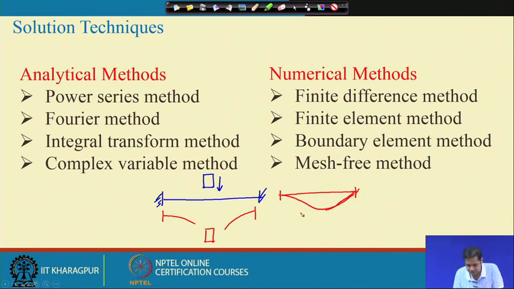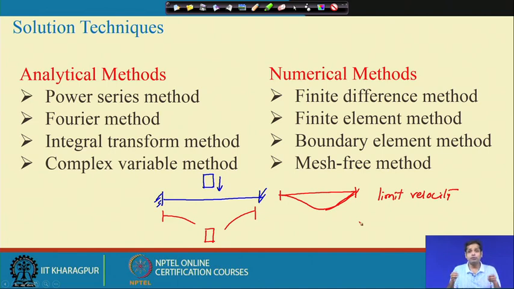Now, one important term that is used in defense is the limit velocity, or ballistic limit. What does it mean?